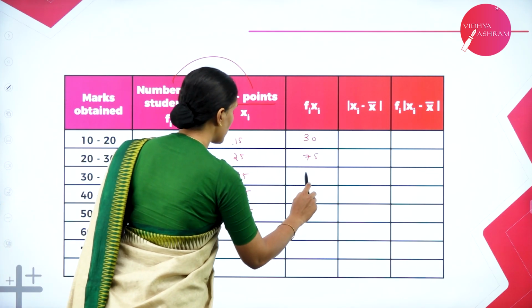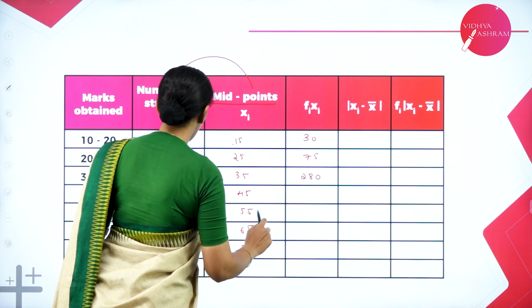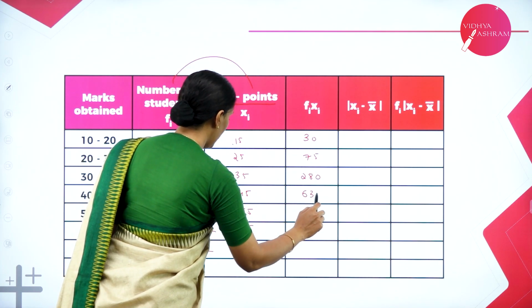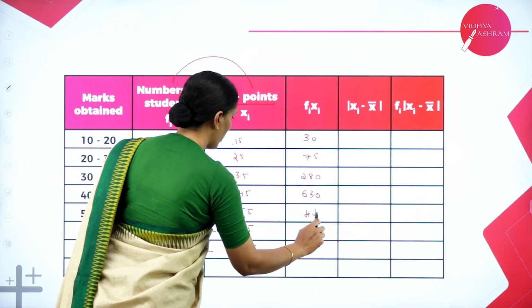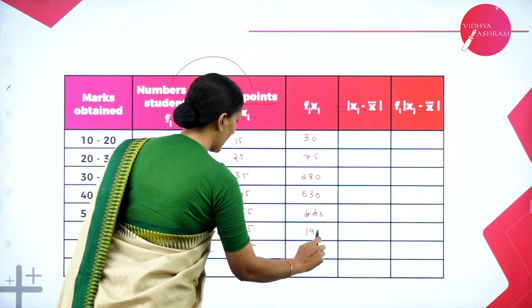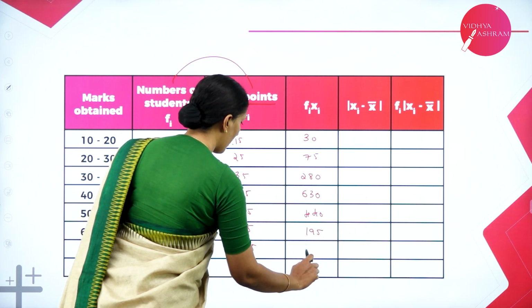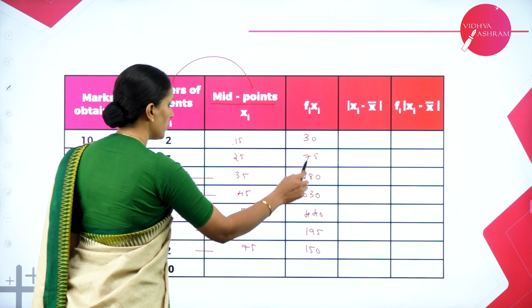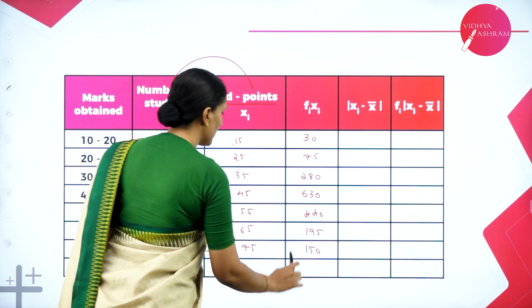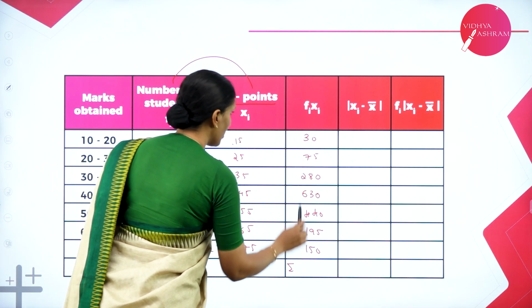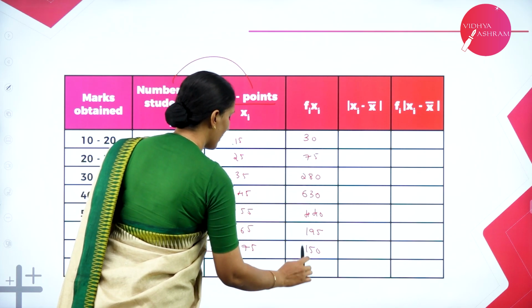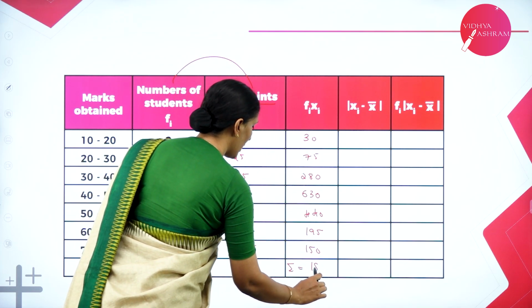So you will get 280, 630, 440, 195 and 150. Once you get the values, calculate the summation here. The summation of all these is equal to 1800.